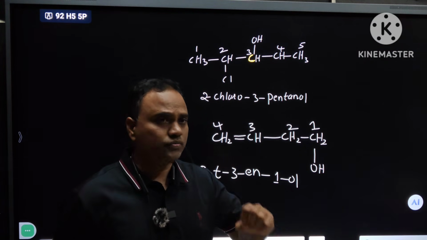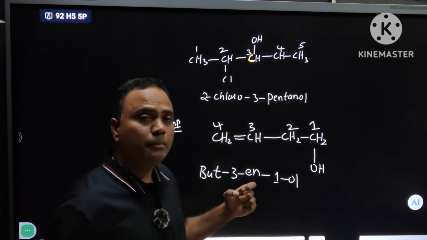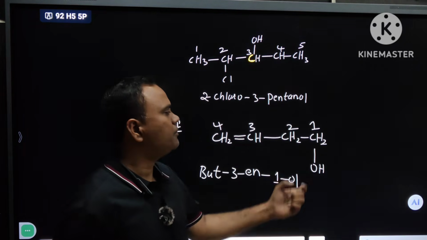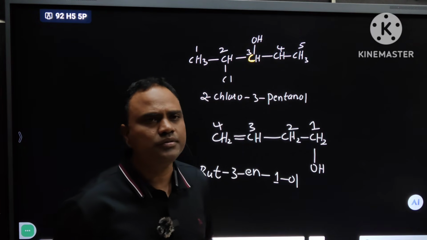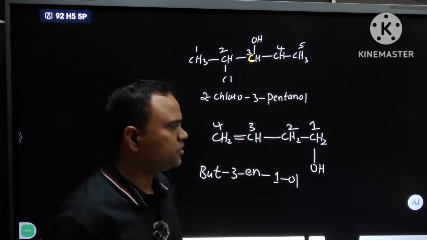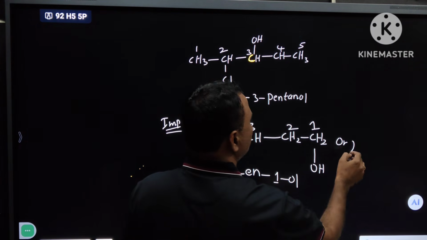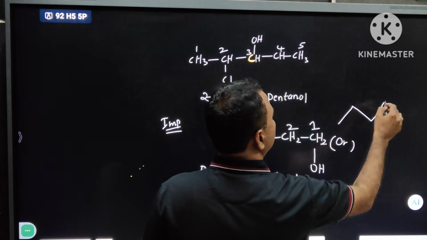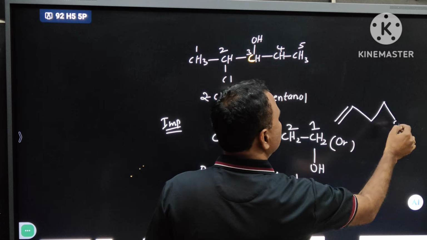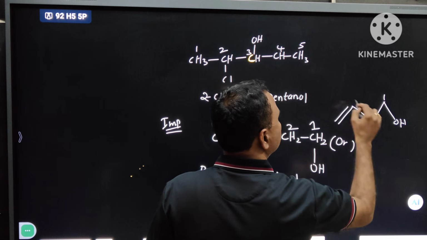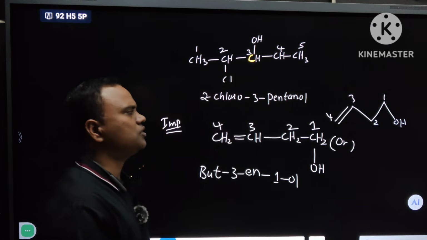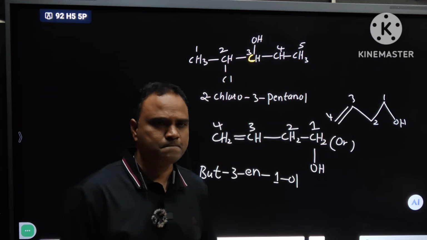Very important. First write the root word, mention the position of the double bond, then mention the position of the alcohol. Clear? And we can represent this in bond line form like this. Both are the same only. 1, 2, 3, 4. Clear? Right.